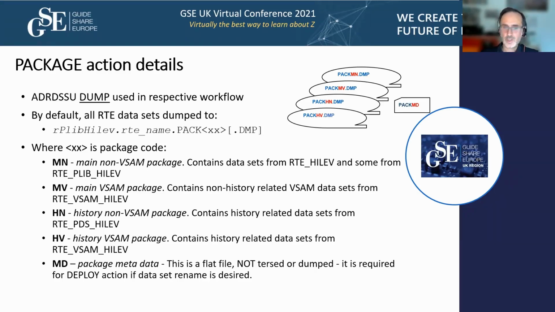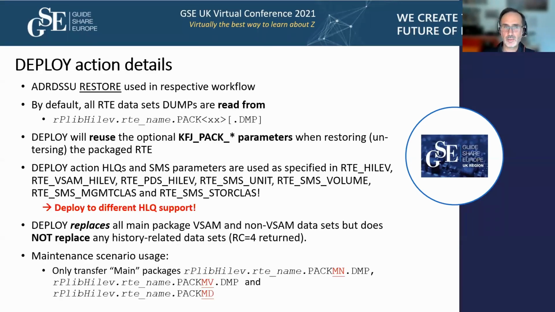The same customization capabilities are then used by the deploy action, which effectively does the restore of those dump files. So if you say deploy RTE name on the target system, after you transfer those dump data sets, it will honor a terse option and it will try to find the terse data set.